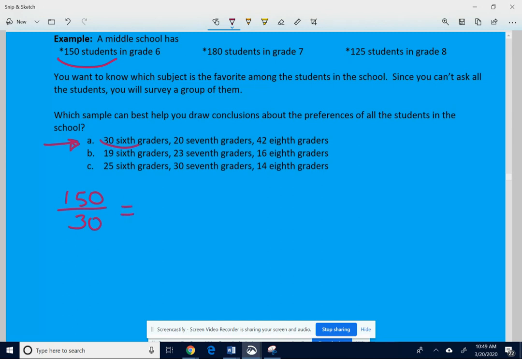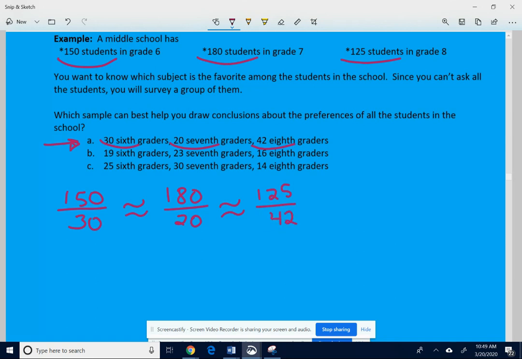I want to see if that's approximately equal to the 180 7th graders in school over the 20 7th graders in my sample, and see if that's approximately proportional to the 125 students in the actual 8th grade class over the 42 8th graders in the sample.